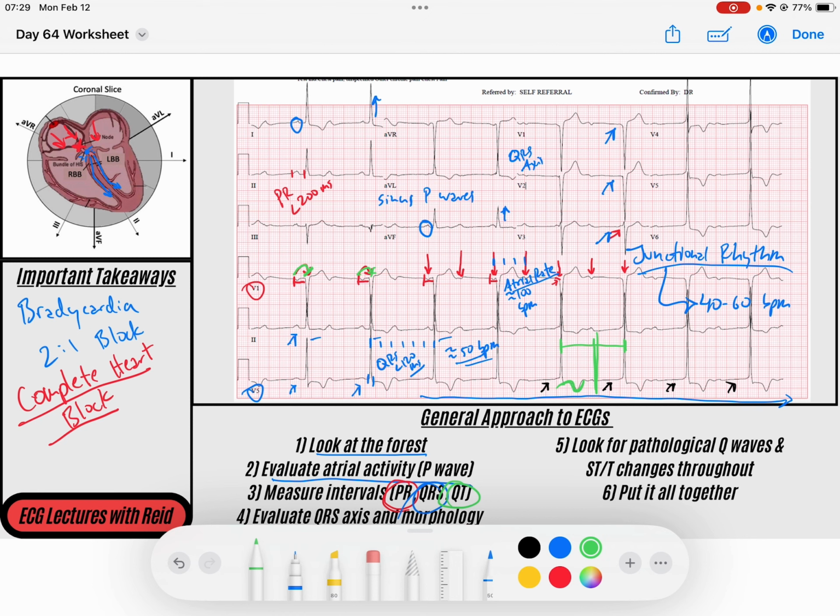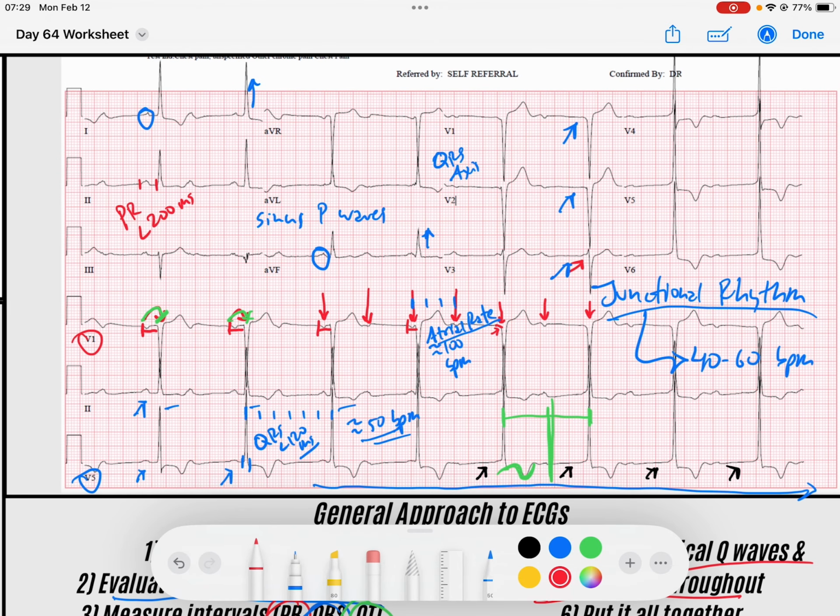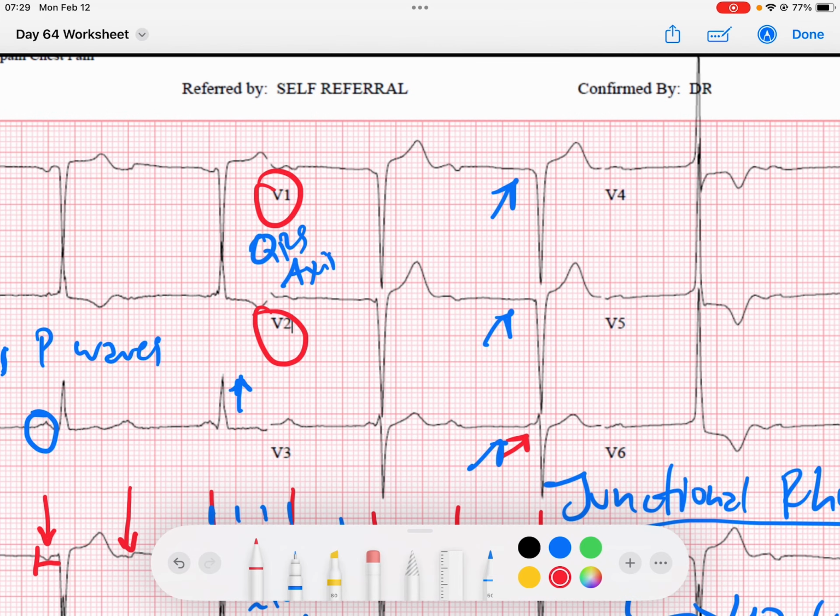The last thing we'll do is look for pathological Q waves and ST and T wave changes throughout. The first thing I notice is that we do have pathological Q waves in the anterior, more septal leads, it appears, right? V1 and V2 predominantly. If you look at that initial deflection, there is no positive R wave. Remember, an R wave is if the initial deflection is up.